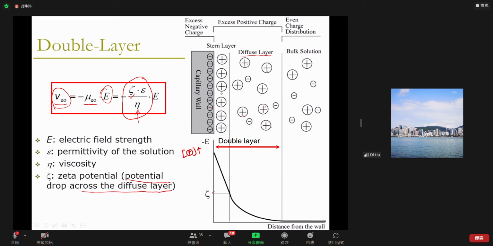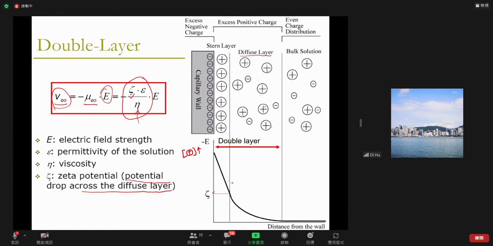If the ionic strength of your buffer solution increases, that means the concentration of the cations in your buffer solution increases. So you will have more or fewer cations in the fixed layer? You will have more. Very good. Thank you. You will have more cations in the fixed layer.